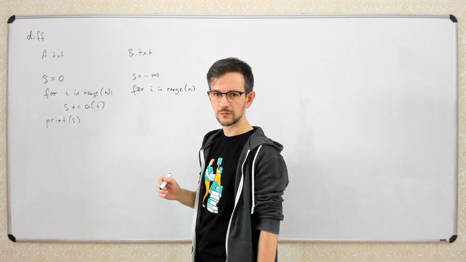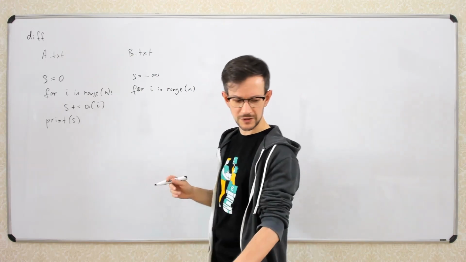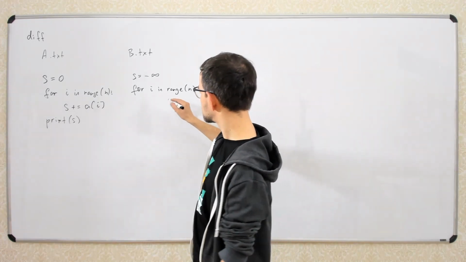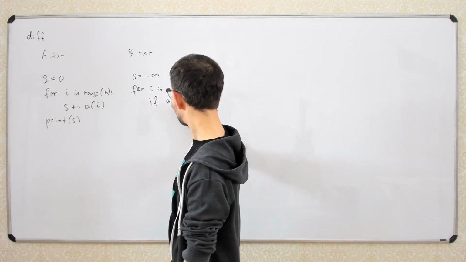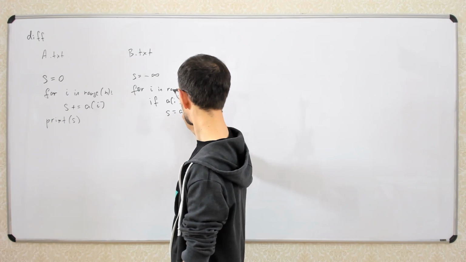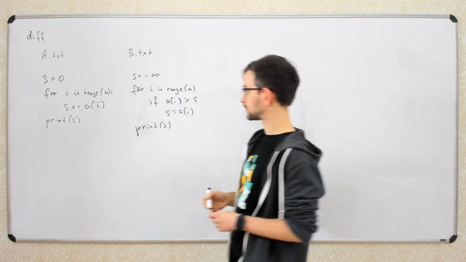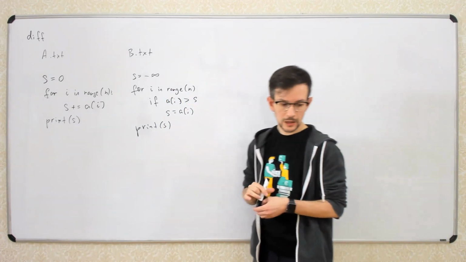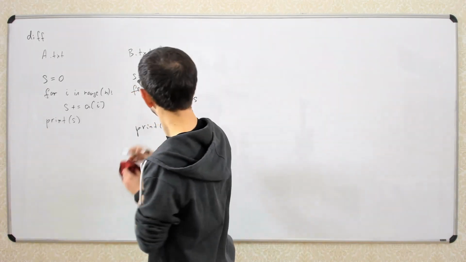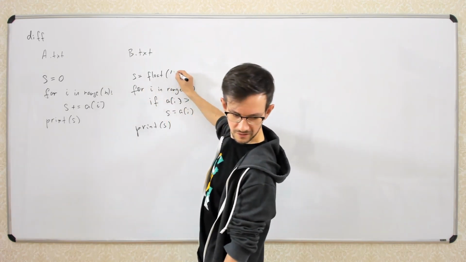What is the constant for minus infinity in Python? There is no minus infinity in Python, right? Doesn't matter. So you iterate all elements and check if element is greater than s, then s equal to a of i. Like this. Float inf. Makes sense.